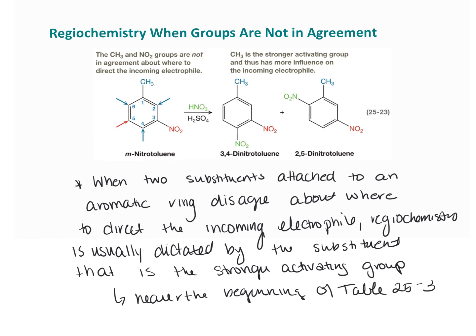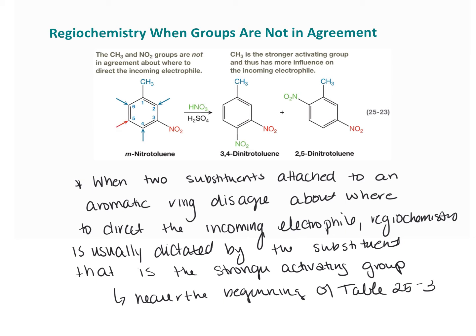Okay, so for example, if we have m-nitrotoluene here and it undergoes a nitration, the methyl group here is going to direct the substitution ortho-para to itself, right? So there's the ortho-para shown in blue. Whereas the NO2 is going to direct the substitution to meta to itself, which is shown here in red.